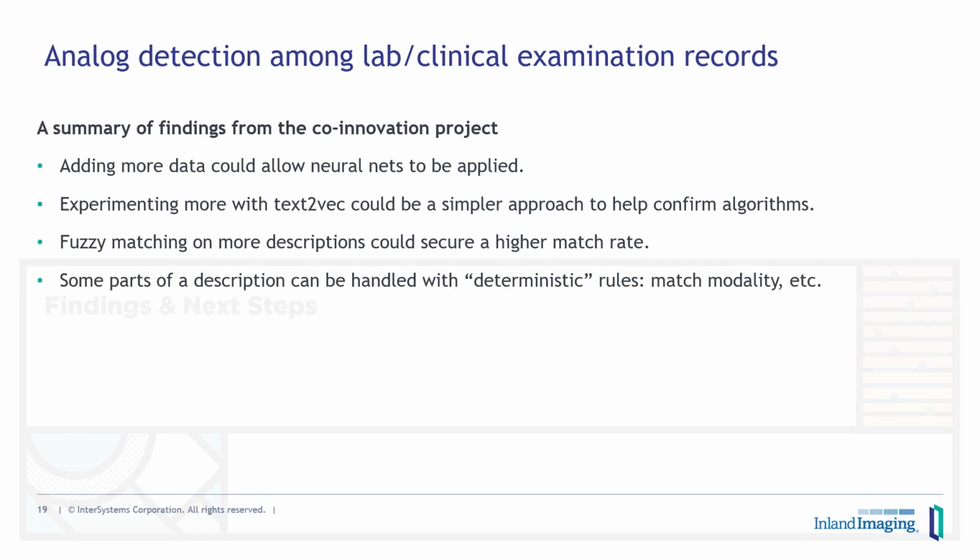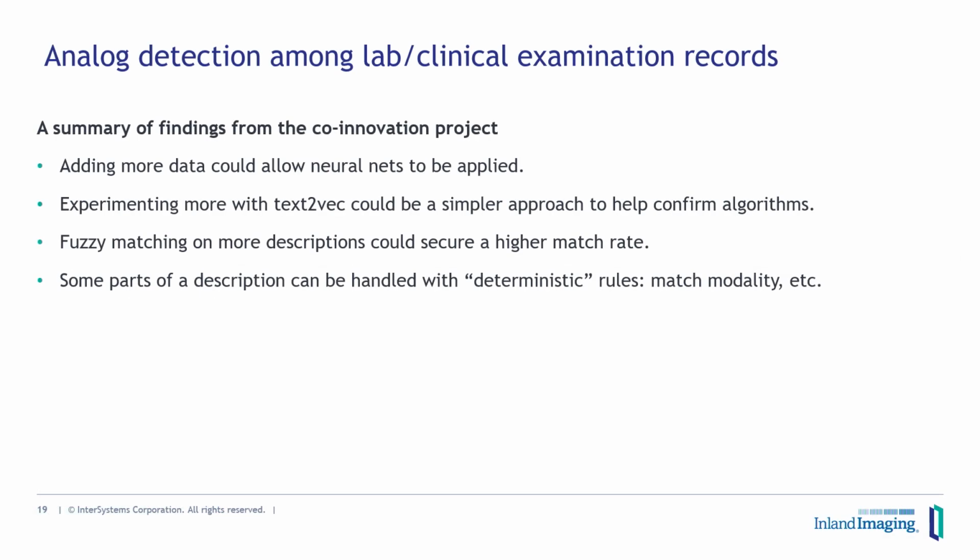So our next steps and our findings from doing this prototype. Doing this analog detection lab and examination records, we found that we may be able to get more by using neural networks or neural nets like TensorFlow, but we were having trouble with how the data was presented for us to be able to do that.